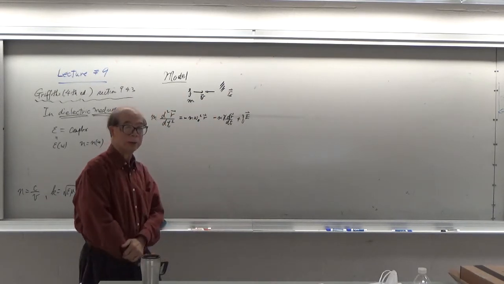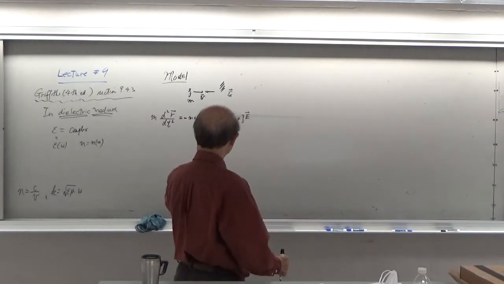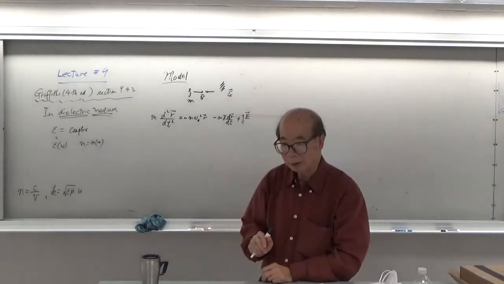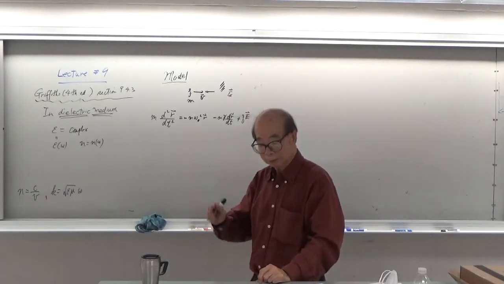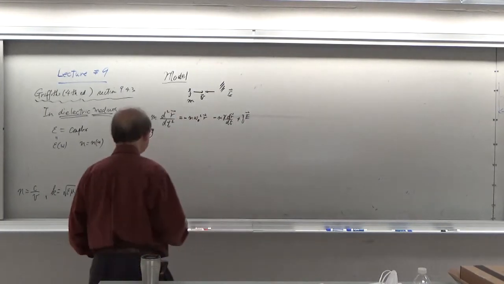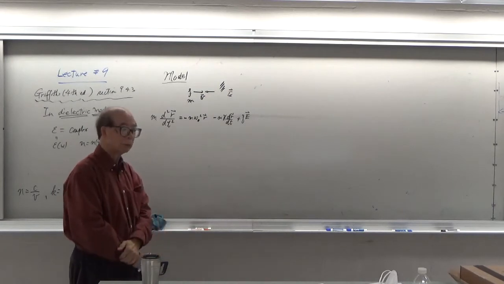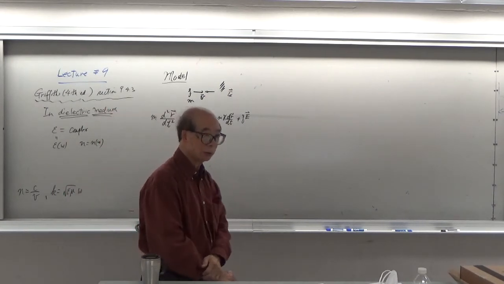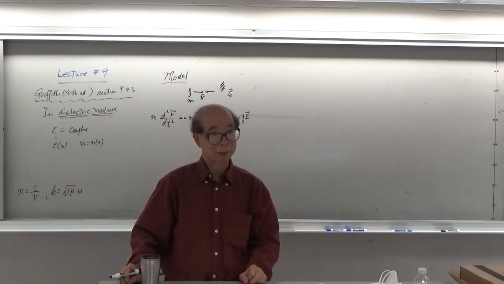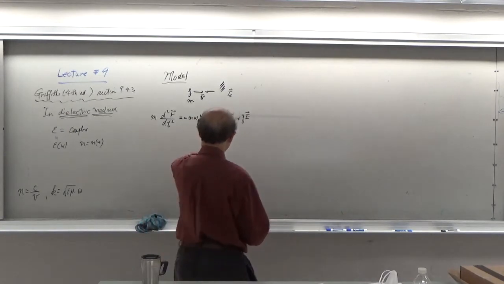Omega naught is the natural frequency for that particular charge inside the molecule that we're talking about. This model is very simple, but surprisingly correct, so it's not a bad model to talk about.